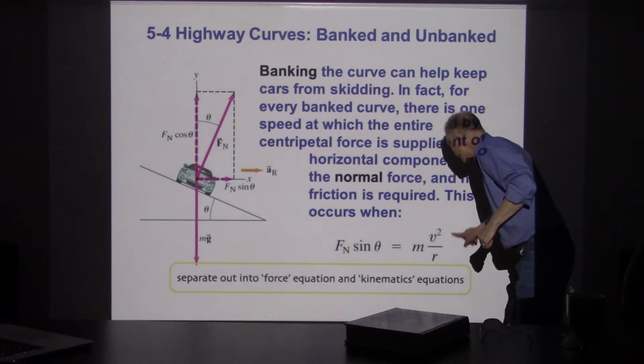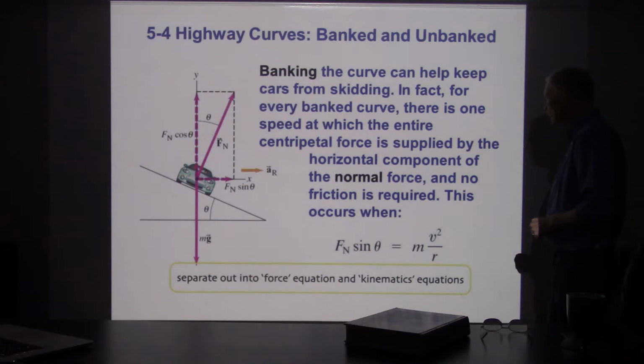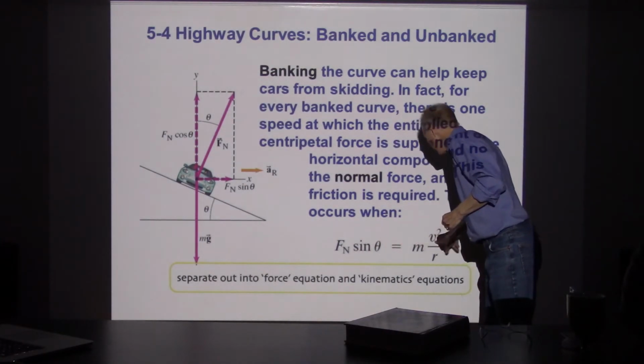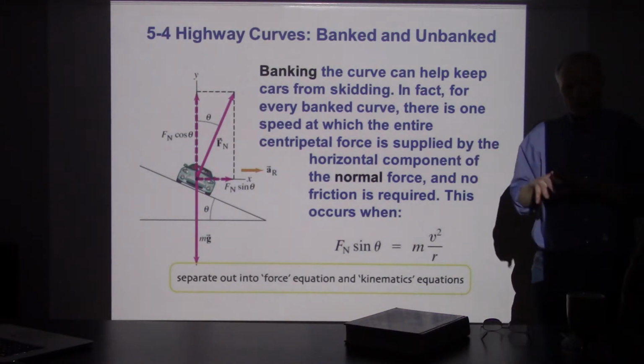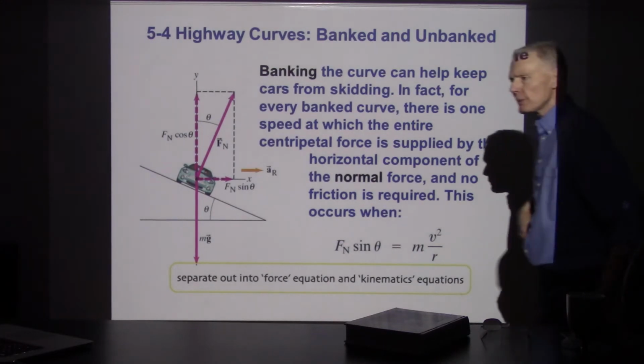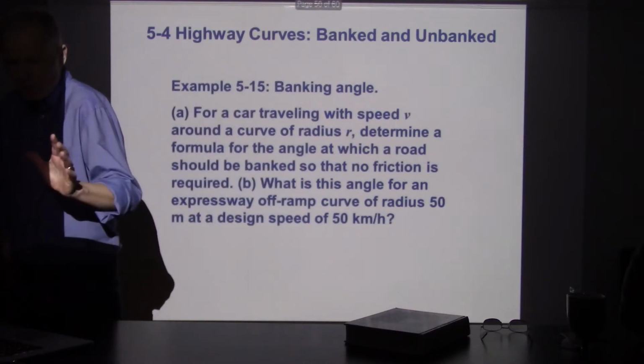We've got the kinematic stuff here: acceleration is v squared over r. And then we have a force equation with a component of force and m times a. If you put it all together, you might not be as clear on the individual steps. So typically keep more of those intermediate steps is my advice.